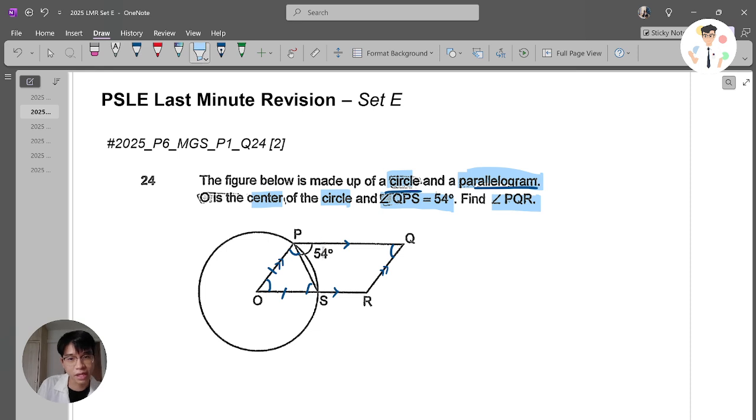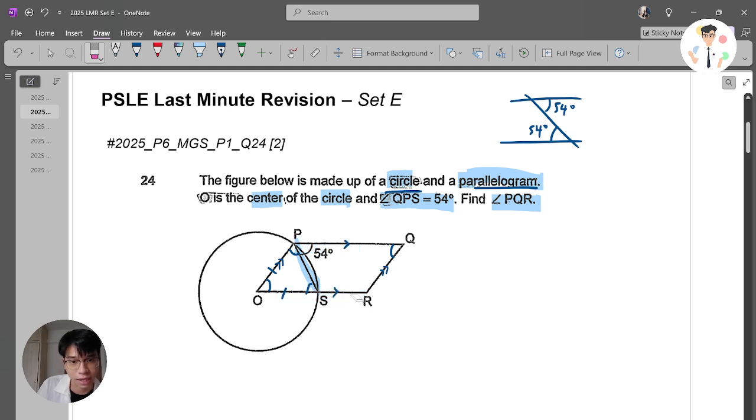You also need to remember that this and this are parallel, and this is a line. So can you see a Z shape here? Like this, like this, like this. And this is 54, which means this part will also be 54. Let me erase this highlight first. So here is actually 54 degrees.